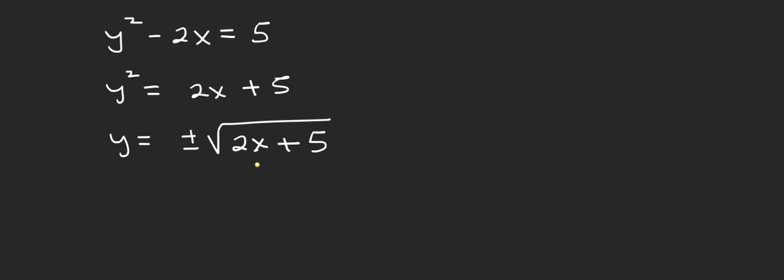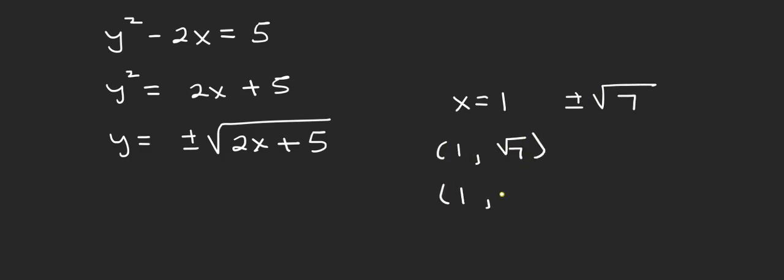And this is not a function because let's say, for example, when x equals 1, you are going to get two y values. You are going to get positive, negative, radical 7. So you're getting 1 comma radical 7 and 1 comma negative radical 7. And this is not a function because it will not pass the vertical line test.